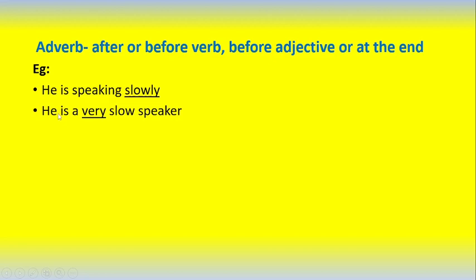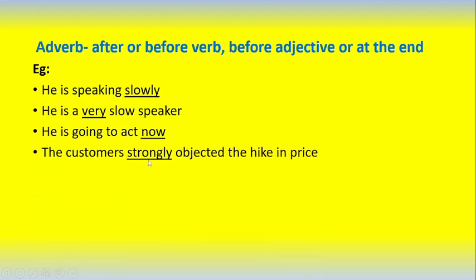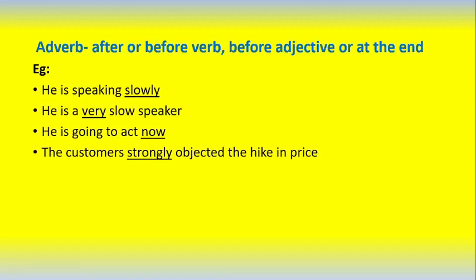Where is the adverb used here? Here the adverb is used before an adjective. Slow is an adjective here. He is going to act now, so it is used at the end of a sentence. The customer strongly objected to the hike in price. Where is it used? It is used before the verb. So you can see here it is after the verb, and here it is before the verb. So this is how the adverb is used in a sentence.